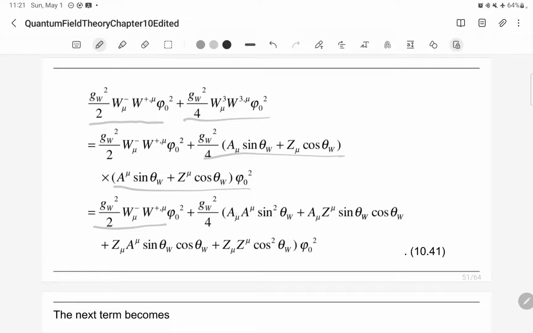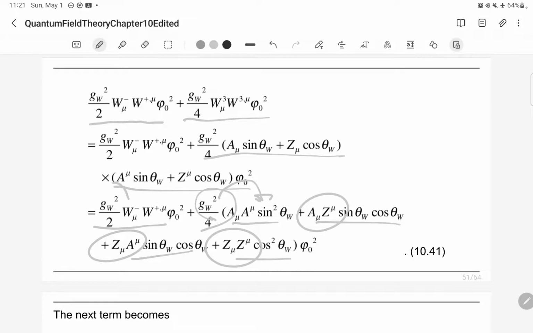One, and then we have 1, 2, 3, 4. So we have this one multiplied to here, and then this is an interaction term of A mu and Z mu, and this one is also an interaction term. And this now determines the mass of the Z mu.